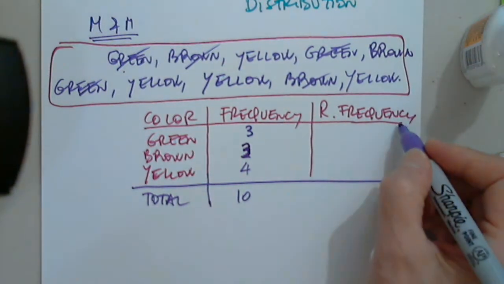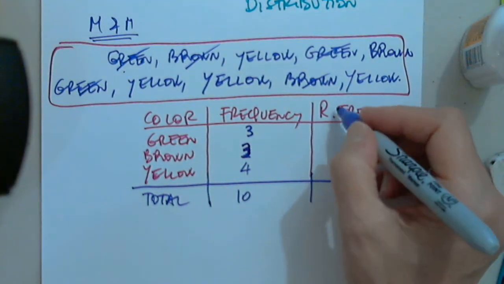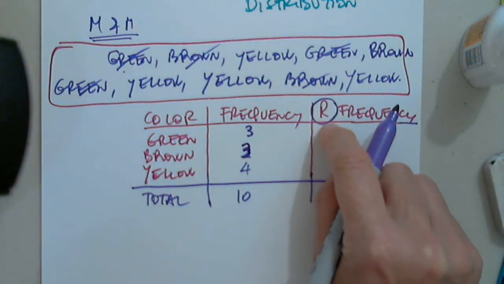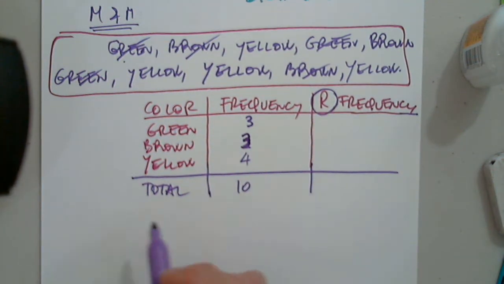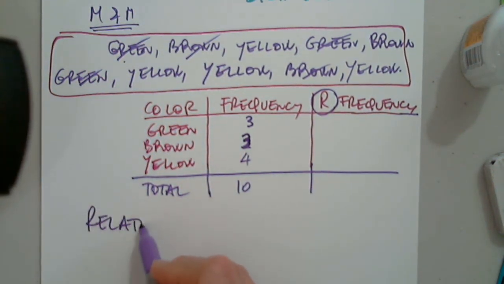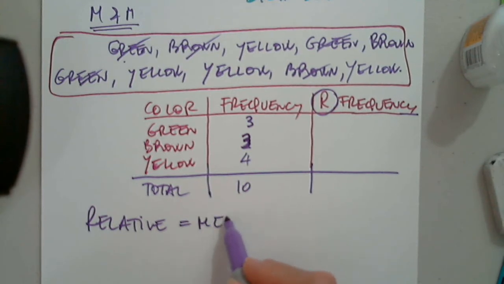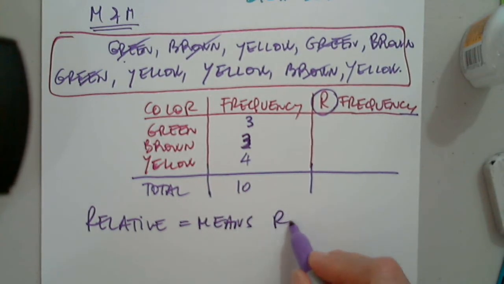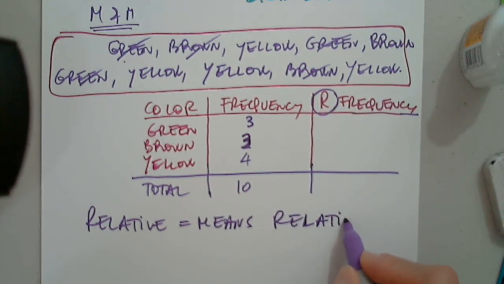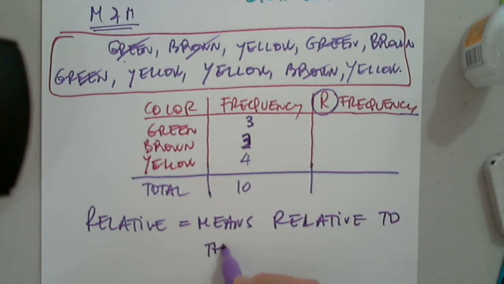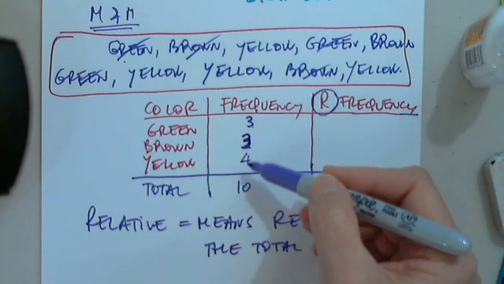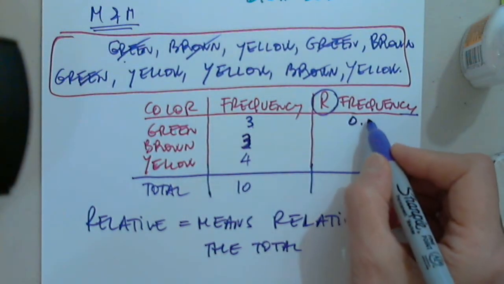How do I determine the relative frequency? When we talk about relative, it's relative to the total. So very easy, 3 divided by 10, 0.3.